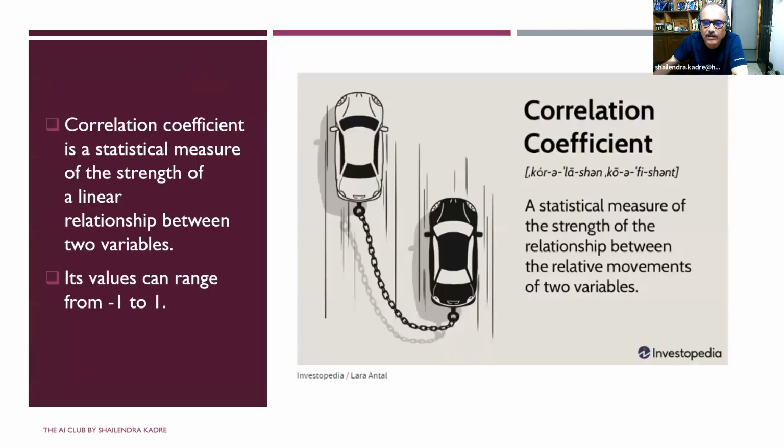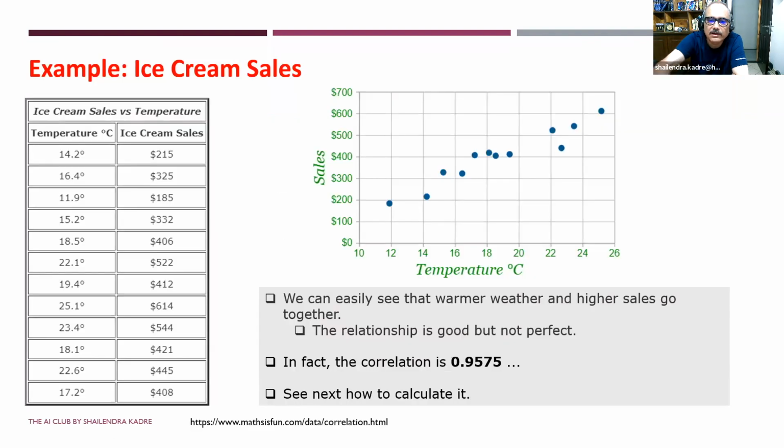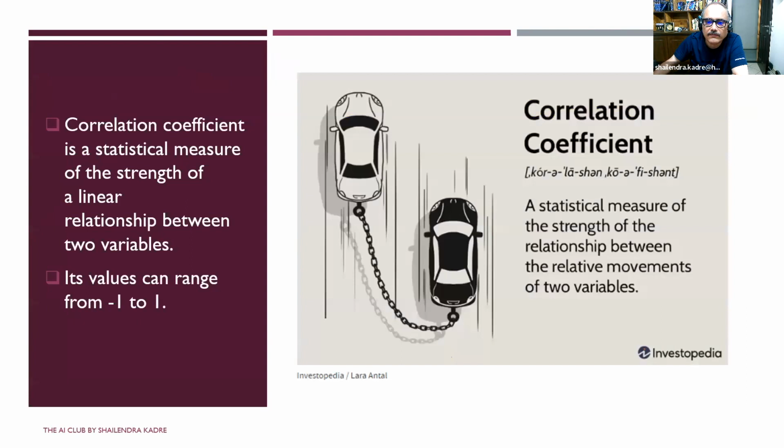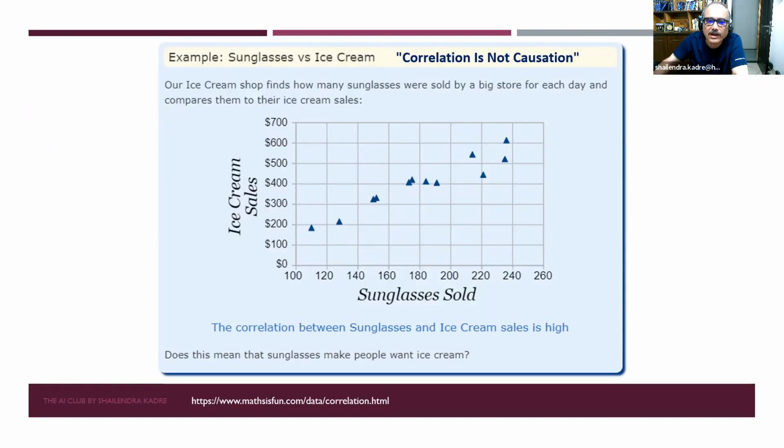But in the case of sunglasses and ice cream, sunglass sale is not causing ice cream sale. They are just related. It may be a coincidence, or there might be some other third factor to which both are related. Sunglass sale is rising because of a third factor, and because of that ice cream sale is also increasing.